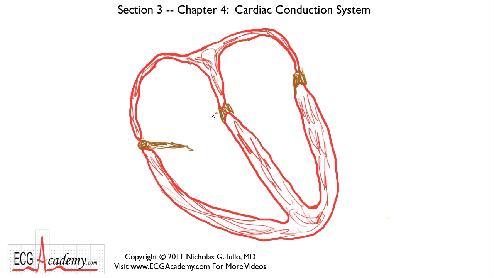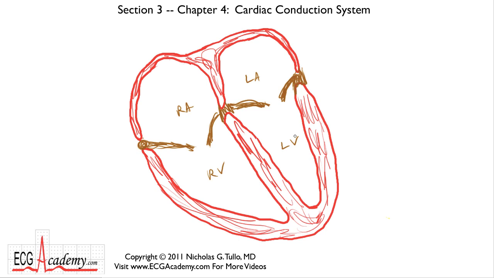There's the tricuspid valve on the right side of the heart, which separates the right atrium from the right ventricle, and then there's a mitral valve on the left side of the heart. Remember, the valves open and close to keep the blood flowing in the proper direction, and they're supposed to keep the blood from flowing backwards. So you've got the right atrium, the left atrium, the right ventricle, and the left ventricle.